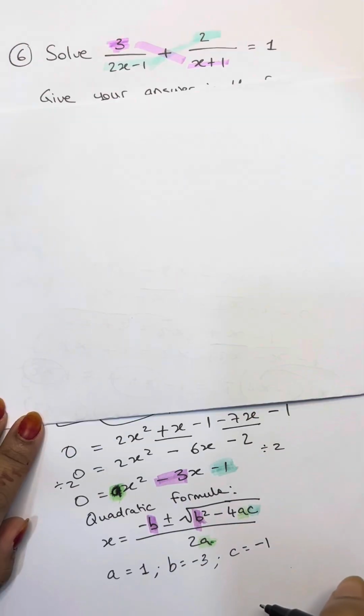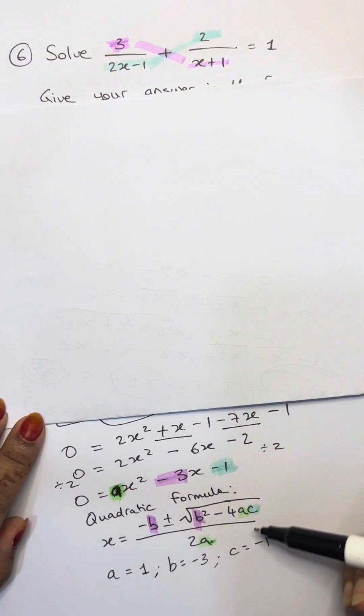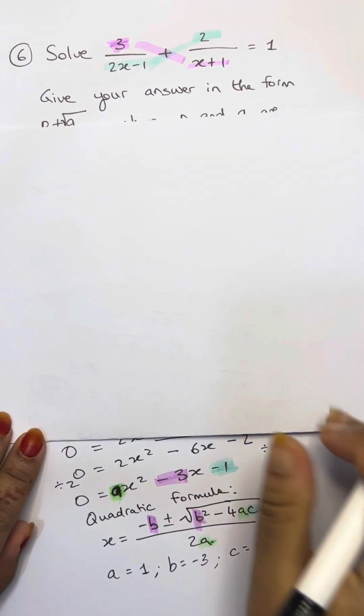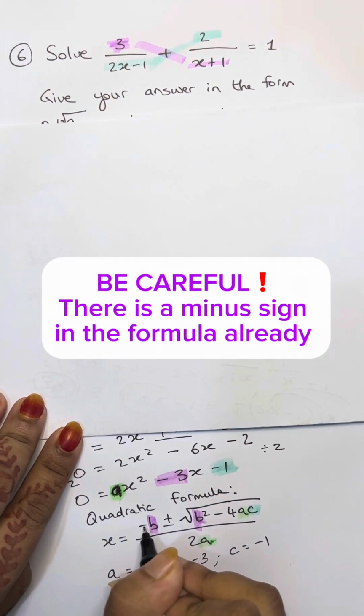Now, I'm just going to substitute in all these values back into this quadratic formula. So minus b, that's going to be, remember, there's already a minus sign in front of the formula.